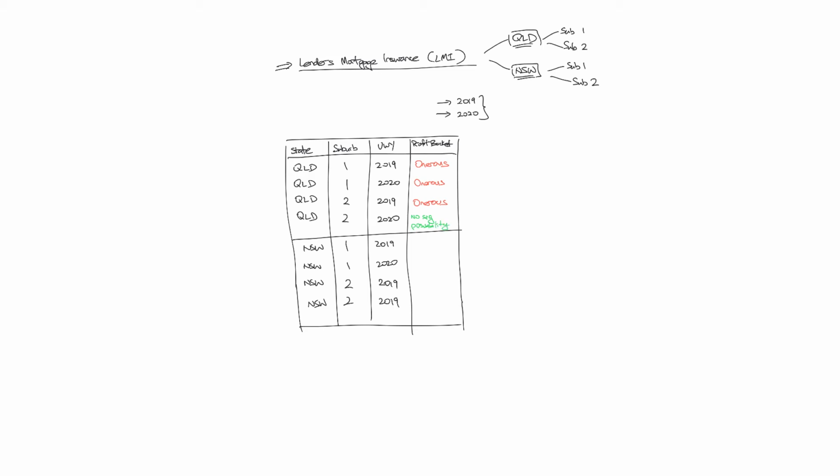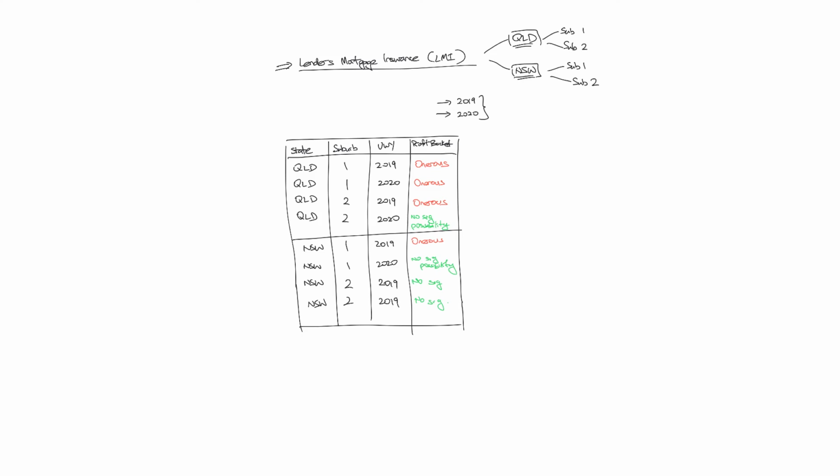And let's just say in New South Wales, 2019 was also a difficult underwriting year. So let's just say this was onerous, but all the other ones were no significant possibility. Okay, so no significant possibility and no significant possibility.